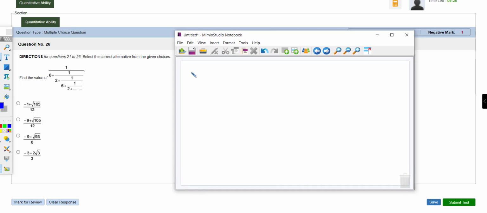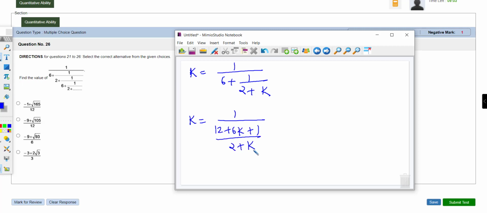So what we can do is, let's consider the whole expression as k. K is equal to 1 upon 6 plus 1 upon 2 plus k. Okay, the same pattern will repeat. So now let's solve this and get the value of k. We will be getting a quadratic equation here. Let's cross multiply and solve this. So k is equal to 1 upon 12 plus 6k plus 1 divided by 2 plus k. Okay, so k is equal to 2 plus k divided by 13 plus 6k.